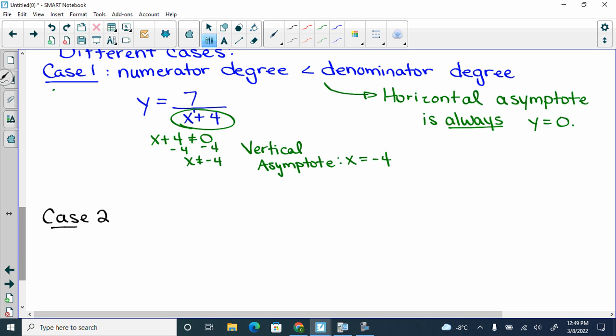Case 2, what do you think we're going to have? If you don't have a larger and you don't have a smaller, you have equal. Numerator degree equals the denominator degree.